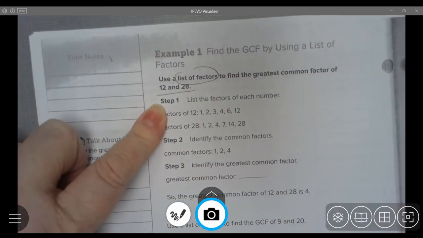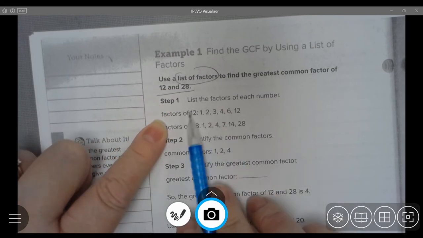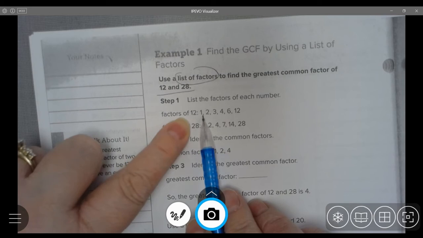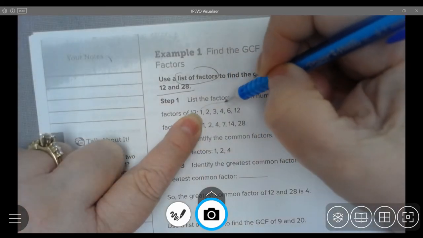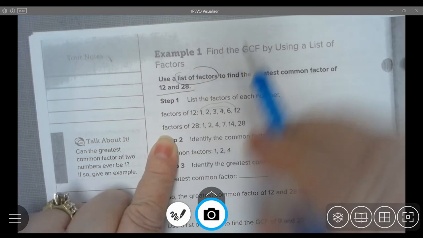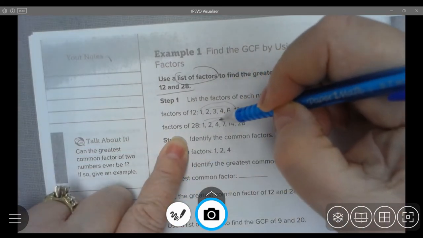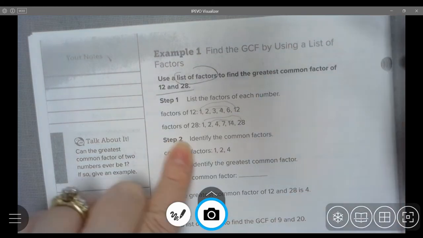So we need to start thinking about what numbers multiplied together equal 12. So I'm going to start my list. So factors of 12 would be 1 times 12, 2 times 6, 3 times 4. Factors of 28 would be 1 times 28, 2 times 14, or 4 times 7.